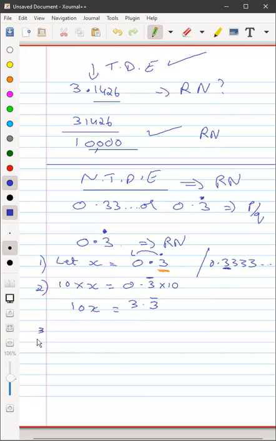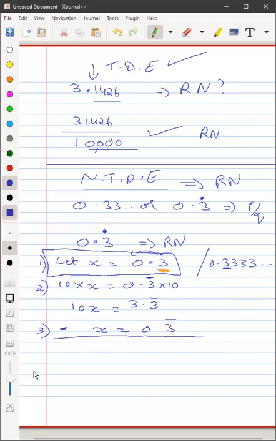Step 3 would be subtract this value from this one. So what will we get? We will write x is equal to 0.3 bar and subtract this from the original equation. What's 10x minus x? 9x.